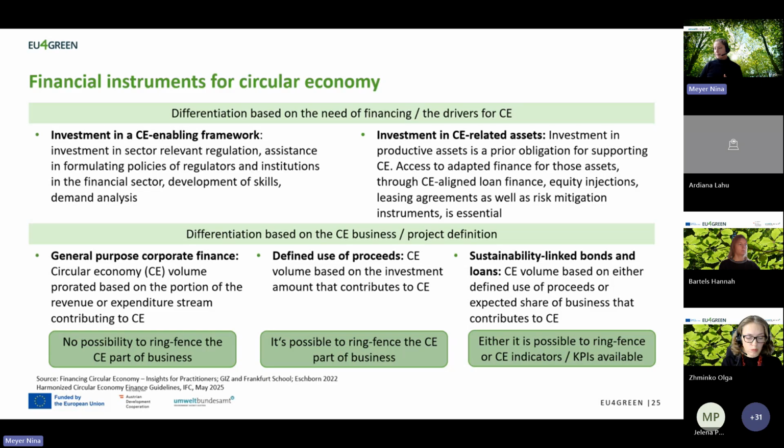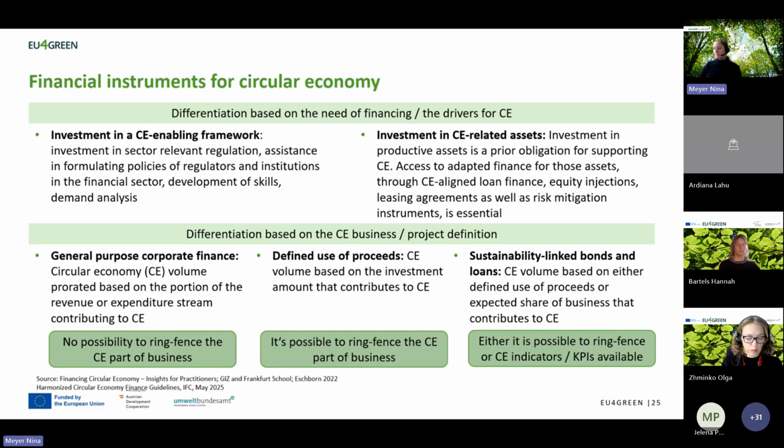But we also differentiate the investment in circular economy related assets, which is invested in assets also prior to the circular economy project, which can be aligned with loan finance, equity injections, leasing agreements, as well as, again, risk mitigation instruments, which can be essential.